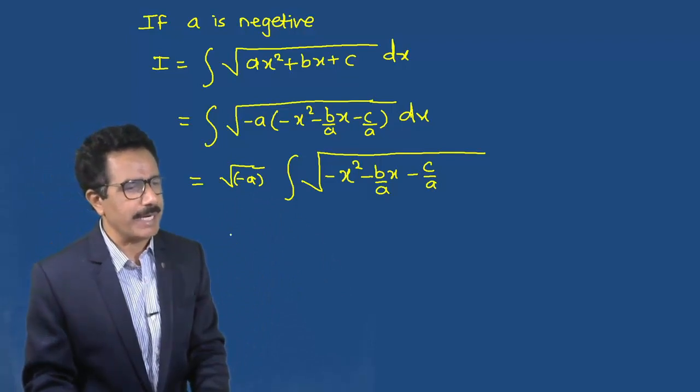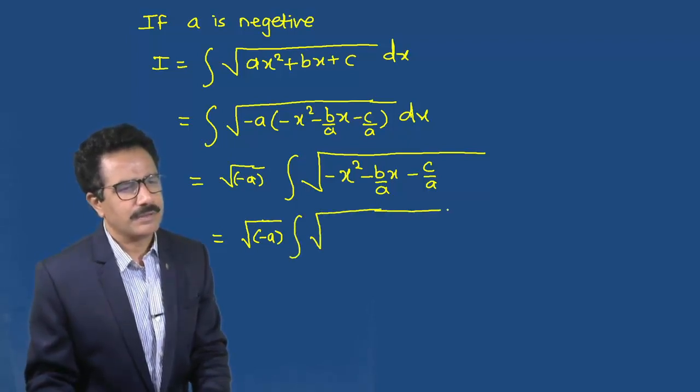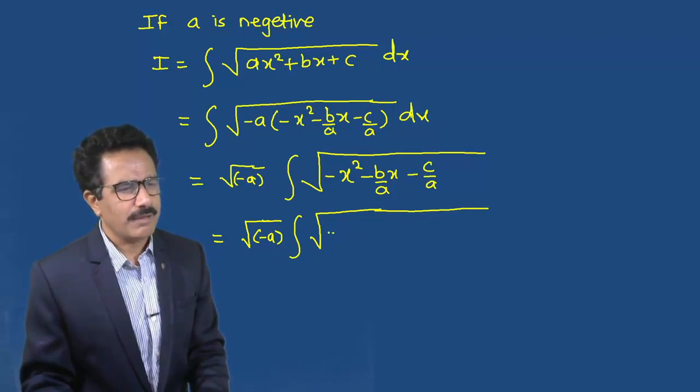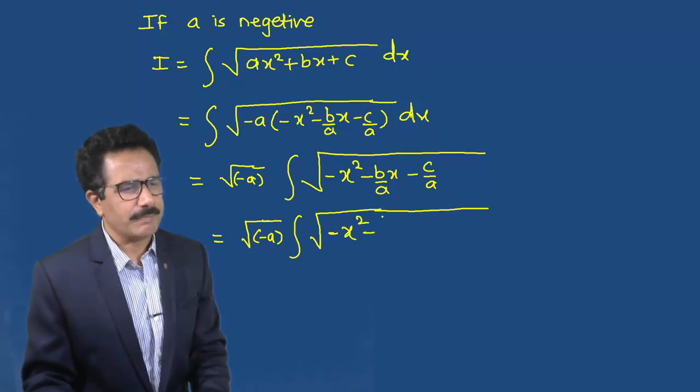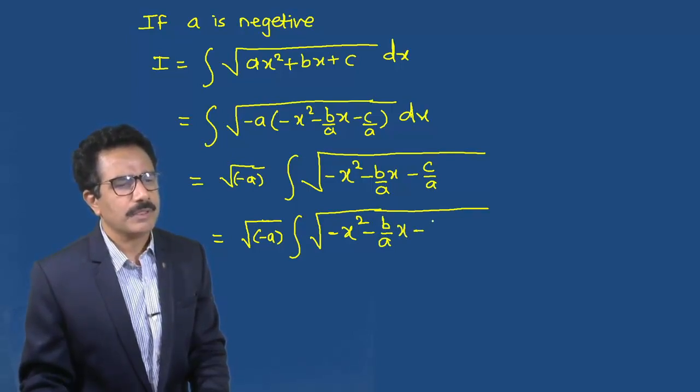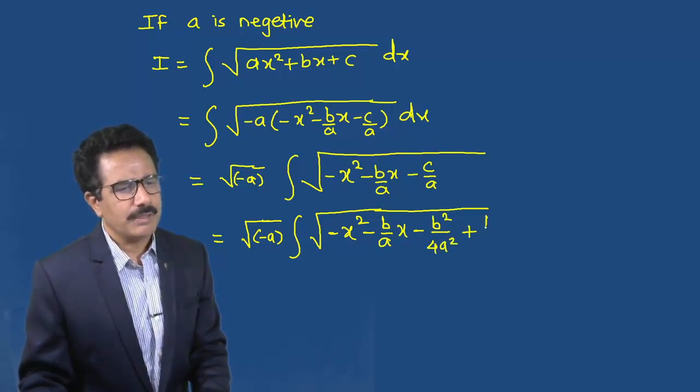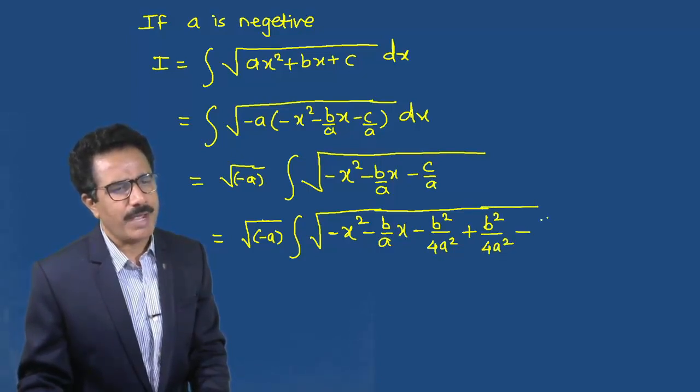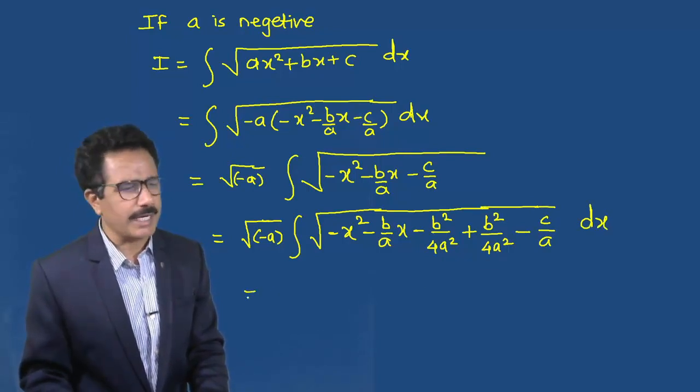So root of minus a integration of root of minus x square minus b by a x minus b square divided by 4a square plus b square divided by 4a square minus c by a dx.